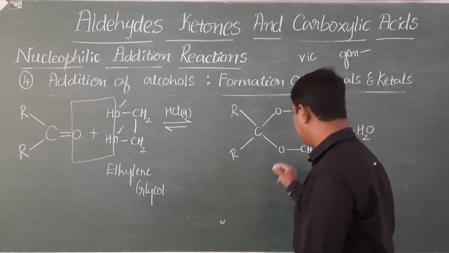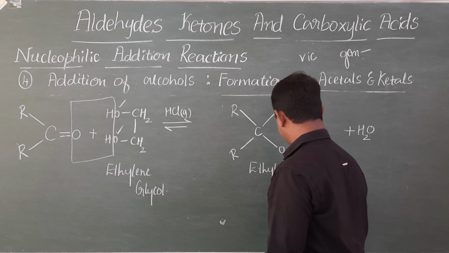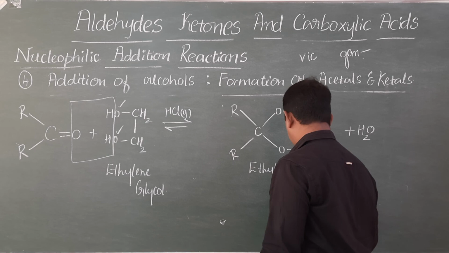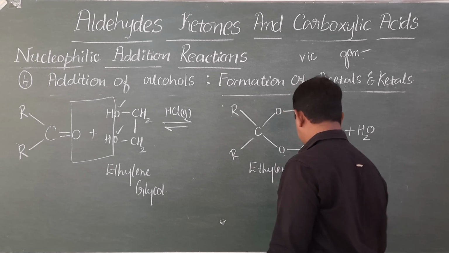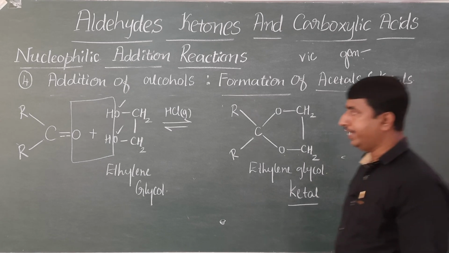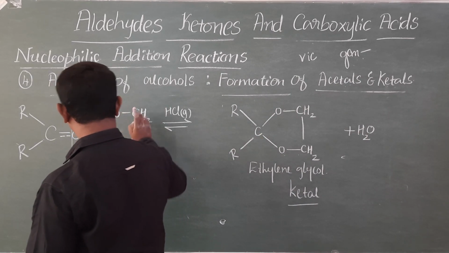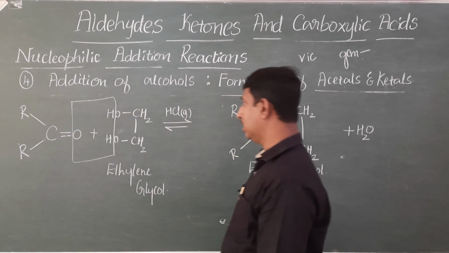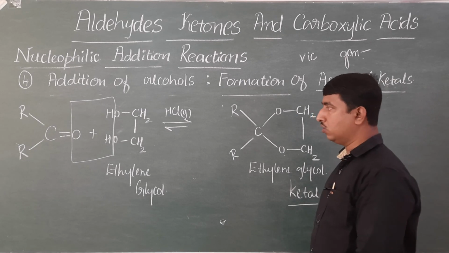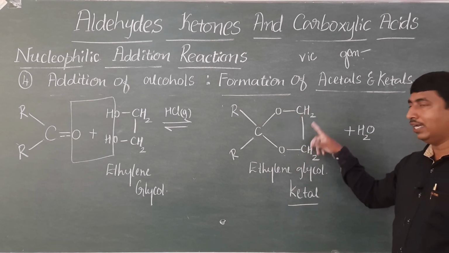This cyclic product is named as ethylene glycol ketal. So ketone reacts with dihydric alcohol, ethylene glycol, under the same condition, that is dry hydrogen chloride gas. Removal of water takes place, forming a cyclic ketal.